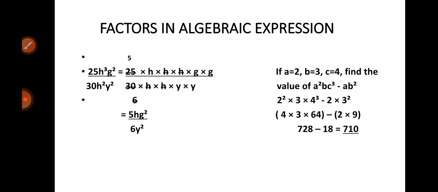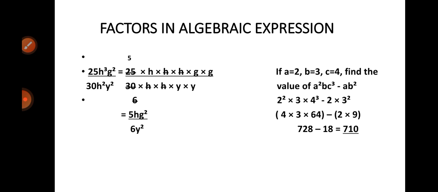Open your bracket. 2 squared is 4 times 3 times 4 cubed is 64, bracket close, minus 2 times 3 squared is 9, bracket close. 4 times 3 times 64 gives us 768, minus 2 times 9 is 18. 768 minus 18 gives us 750.